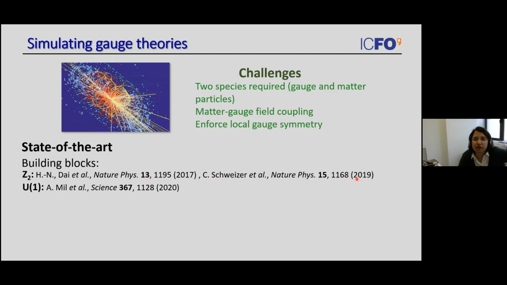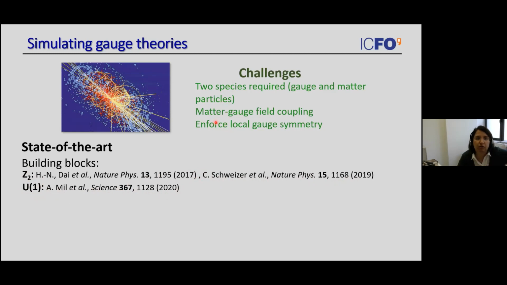More recently in Munich, a Z2 lattice gauge theory, just on the level of a double well, so the building block of that. And then also more recently in Heidelberg, the building block for a U1 gauge theory was engineered. This is very nice because it really fulfills all these criteria, but it's on the level of just one site, two sites, four sites.